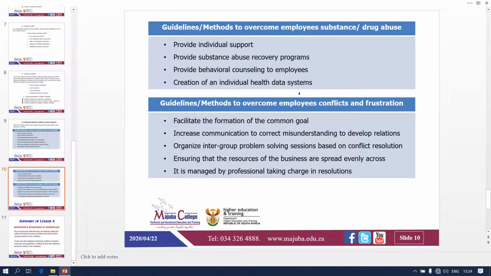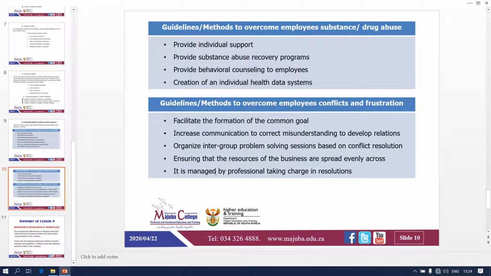Okay, methods to overcome conflicts and frustration. Facilitate the formation of a common goal. Increase communication to correct misunderstanding and to develop relations. Organize intergroup problem-solving sessions based on conflict resolution. Ensure that the resources of the business are spread evenly across employees.